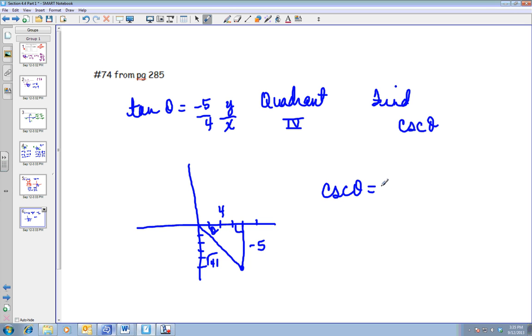Well, we should know from our notes, cosecant theta is r over y. So my r value is the square root of 41. My y value is -5. And that's my answer.